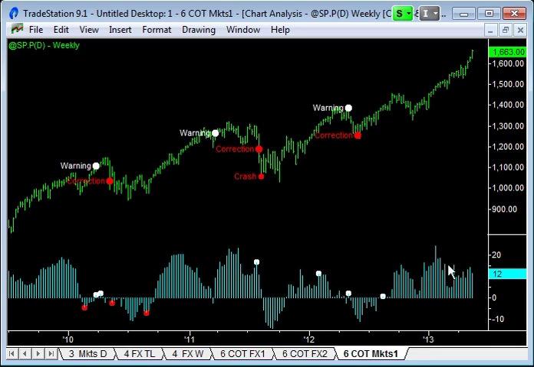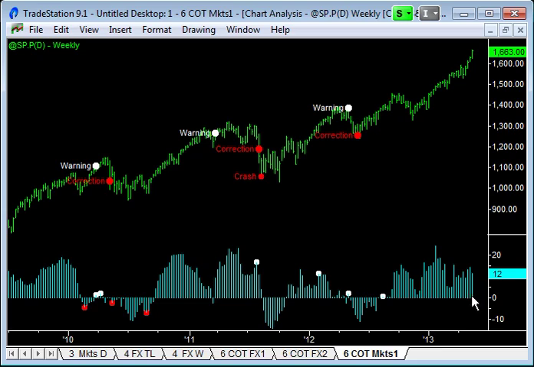Now, if you look at the commitment of traders readings that we've got on the SP, I use the SP because that's long term. The E-mini won't help you. E-mini is all day trading stuff, so commitment of traders on the E-mini directionally doesn't help me. The SP is the big contract, longer term, showing what the professionals are doing. And you can see all the readings here are very highly positive at the moment.